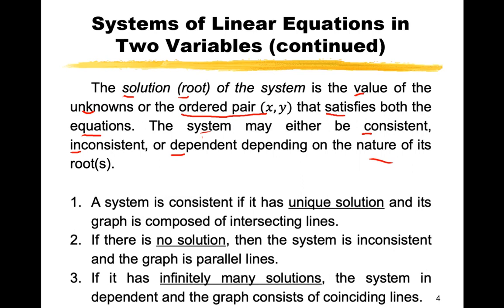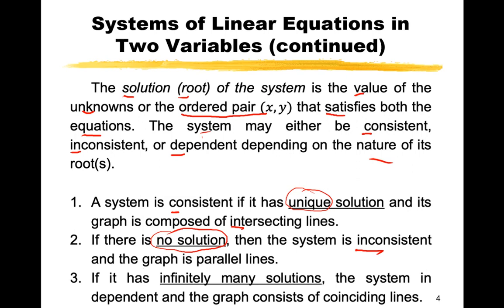Kailan ba natin matatawag na consistent ang isang system? Consistent ang ating system if we have a unique solution. When we say unique, isang set lang yung sagot. And its graph is composed of intersecting lines. Paano naman nagiging inconsistent yung ating system? If wala tayong solution, walang existing na solution for both linear equations.